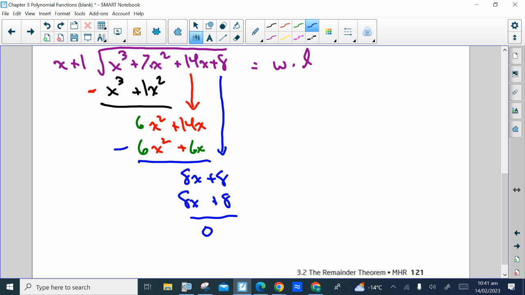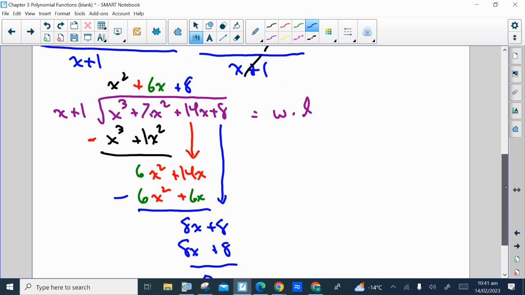And what that means is that x plus 1 divides evenly into p of x. Also, we were finding what w times L is. W times L will be the answer from the left, which in this case is x squared plus 6x plus 8, right?